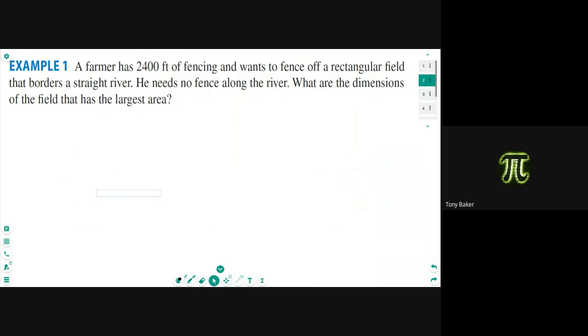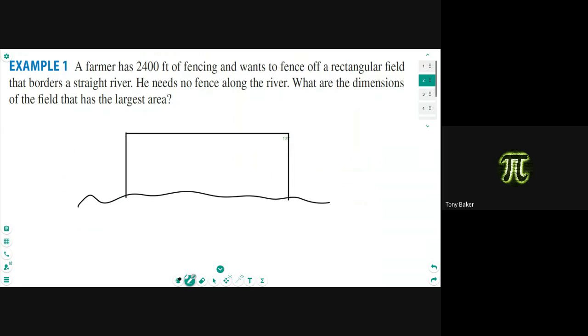So we've got the river, and the fence. All right, now let's put some information on the graph so we can start figuring out what we're doing. We're looking for the area inside of it. That's what we're looking for.